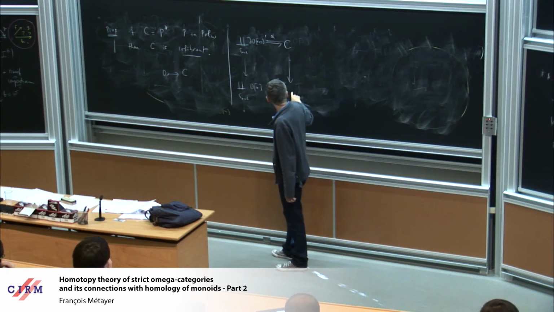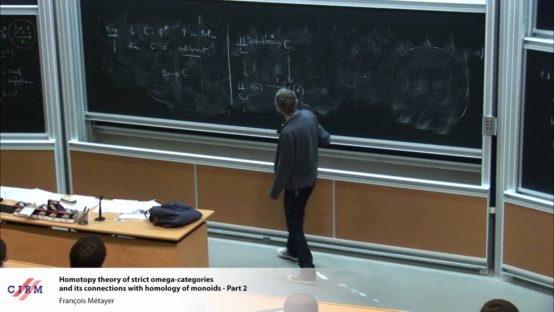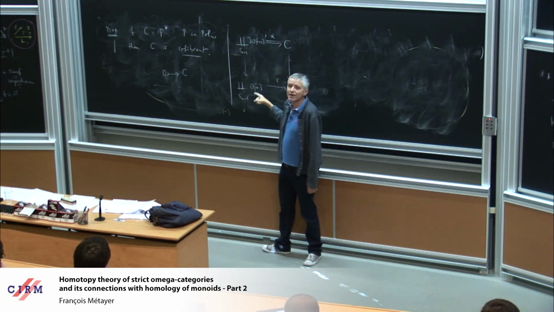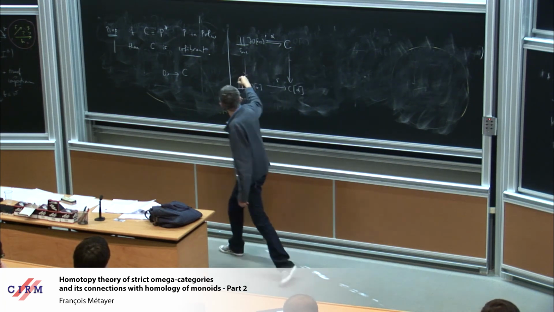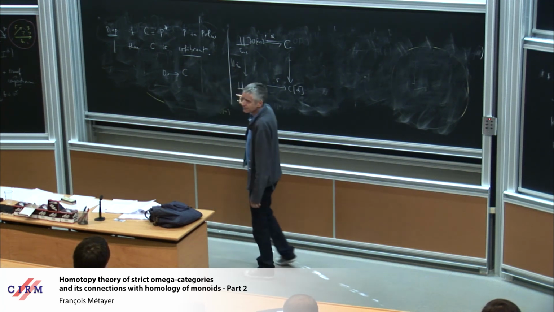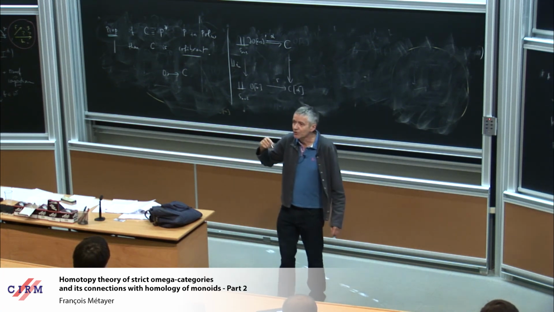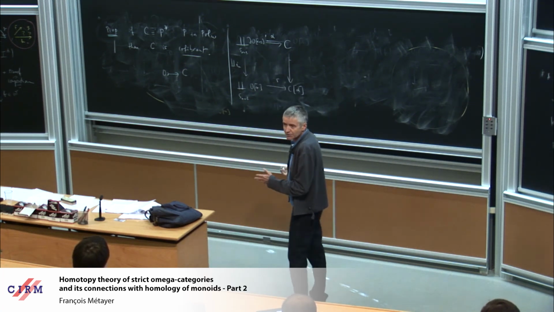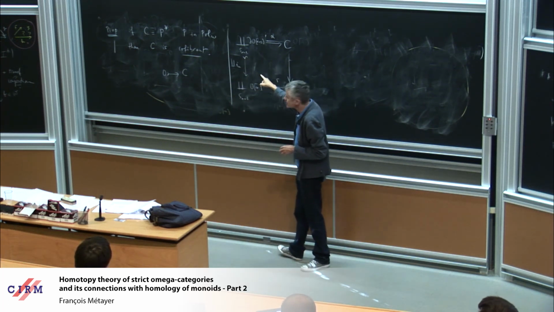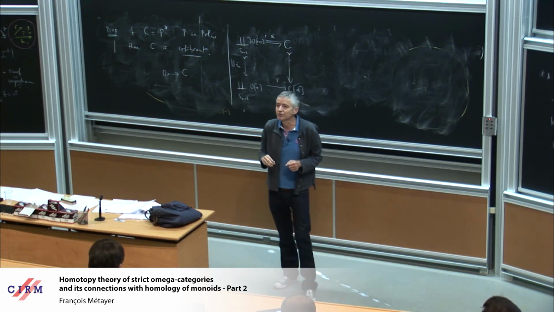Okay, C alpha. Now, remember the INs are, so this is of course, the co-product of the INs. So the INs are cofibrations. Cofibrations are stable by sums. So this is a cofibration. Those are stable by push-out. So this is also a cofibration.